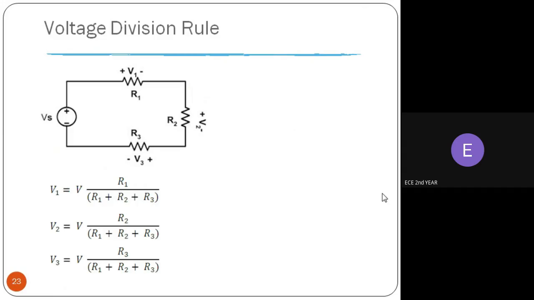On the whole, the formula can be stated in a common manner: individual voltage drop is equal to total voltage into individual resistance divided by the total resistance. So we can calculate the individual drop across each and every element.